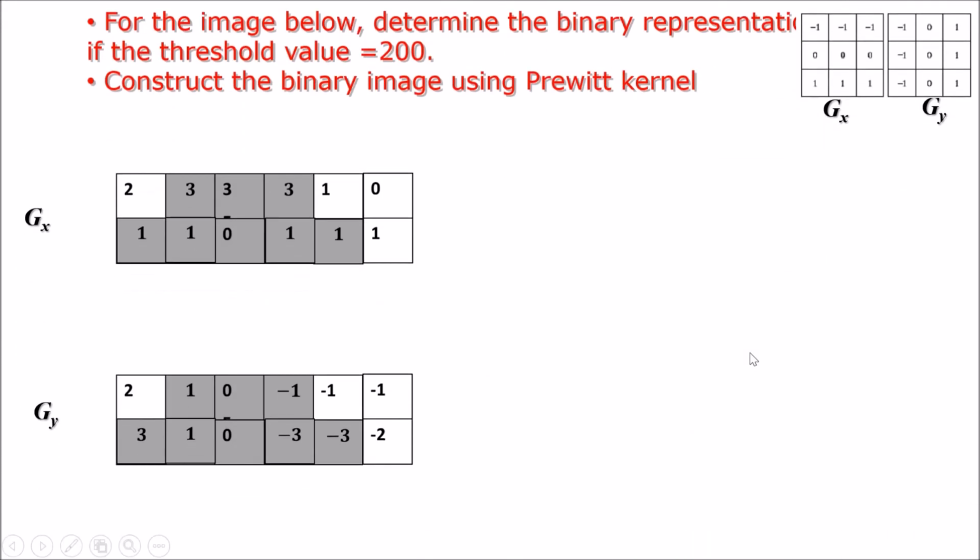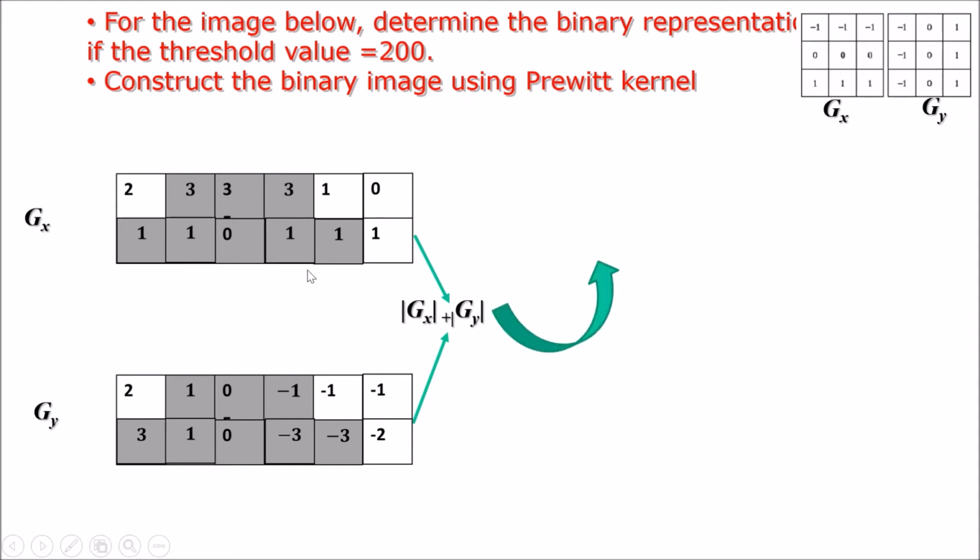The next part is we need to find the whole magnitude from the GX and GY. This can be easily done by using this simple approximation in which you find the absolute value of x and absolute value of y. Absolute means that for every value here, if the value is negative, it will become positive, and then you just need to sum up gx and gy straight away.